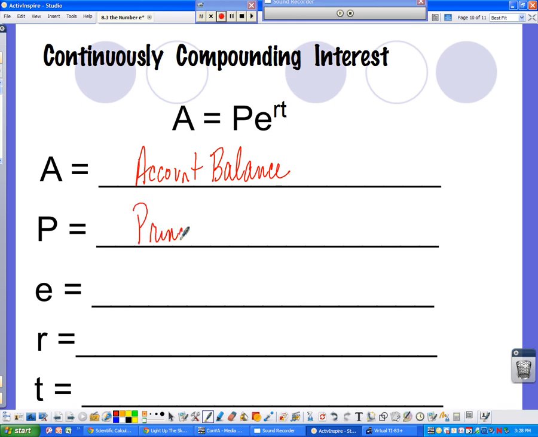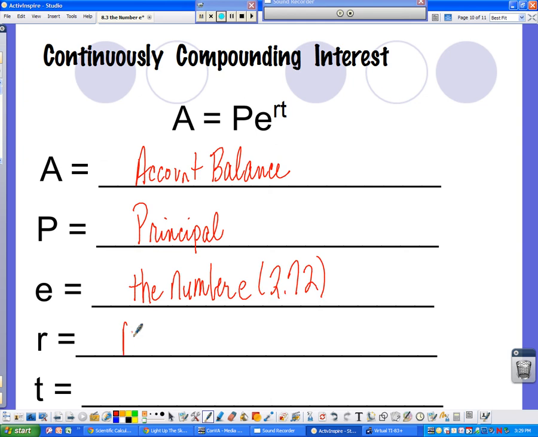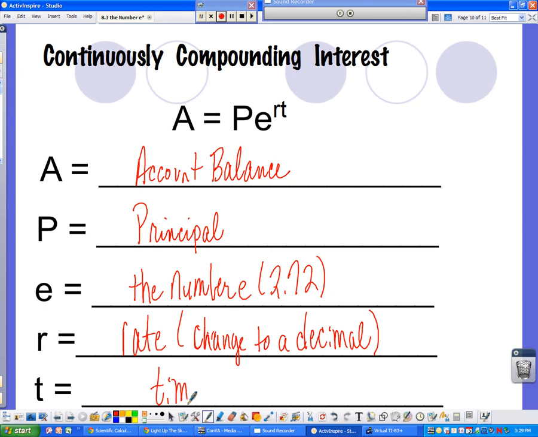P is principal. E is the number e, that 2.72. R is rate, but remember, it has to be changed to a decimal. And the last one is T is time in years.